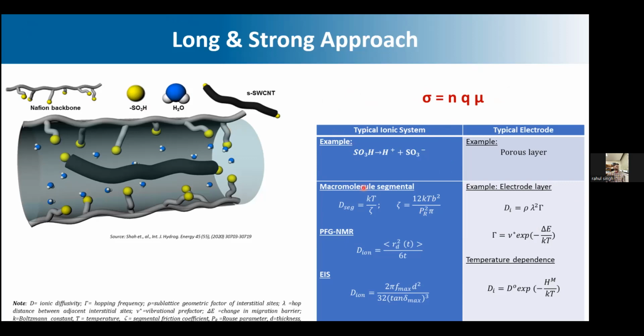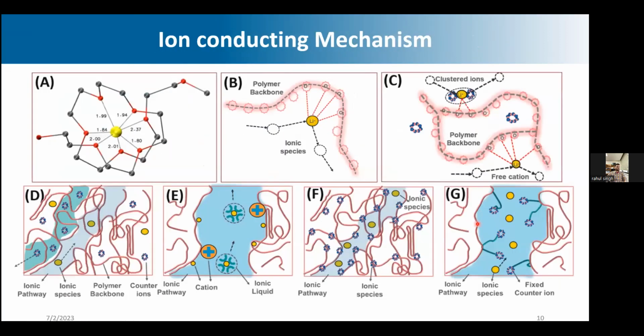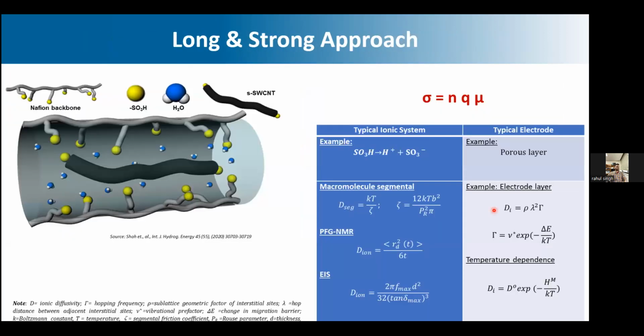Here are the three methods most research groups popularly use. Either we can calculate the macromolecular segmental motion of the polymer. If you measure the segmental motion of these ions, that can give the diffusion coefficient.